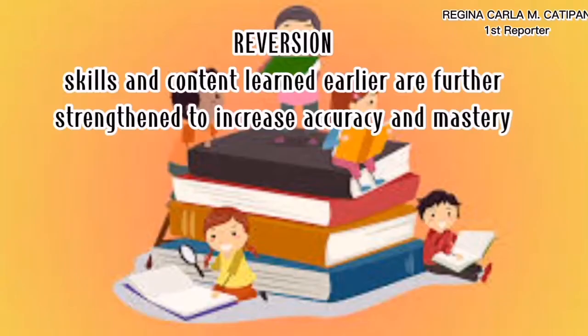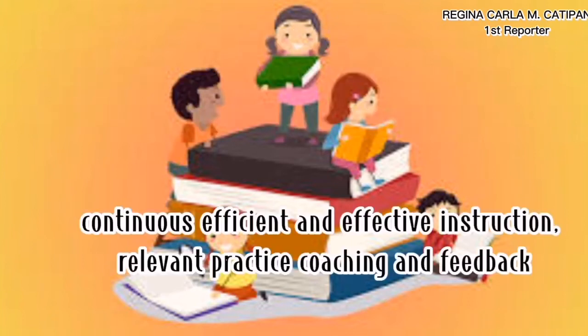So the next substage is the reversion, wherein skills and content learned earlier are further strengthened to increase accuracy and mastery. Correct practice, drill, review, and similar strategies are used with immediate feedback and reinforcement. With continuous efficient and effective instruction, relevant practice, coaching, and feedback, the student is gradually helped to perform the skills with at least 85% accuracy during the knowing stage.